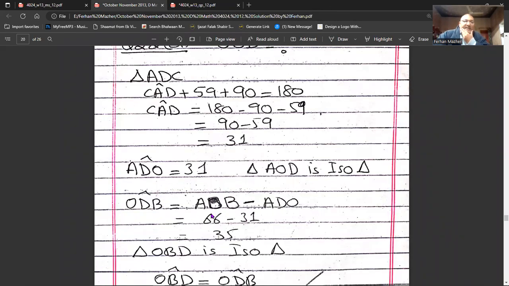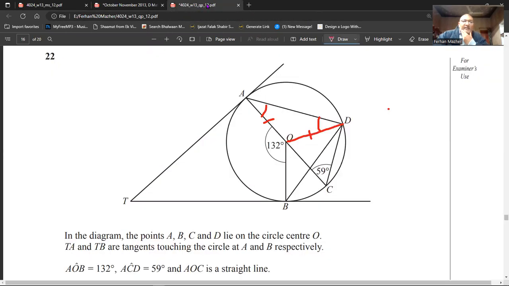That will be ADB minus ADO, that is 31. This whole thing was 66, we just calculated that.